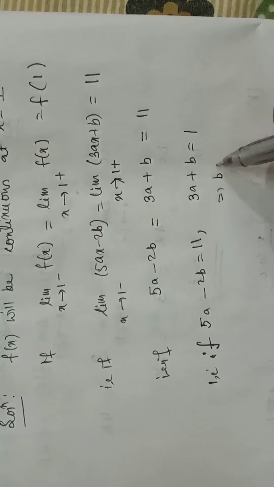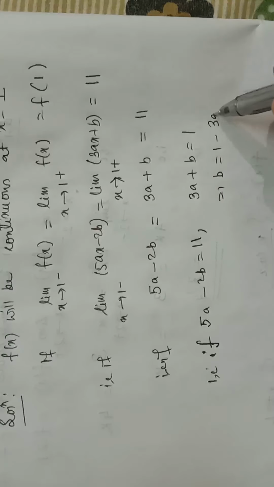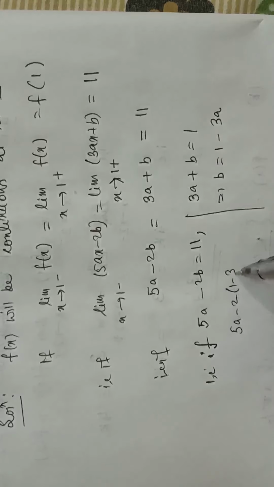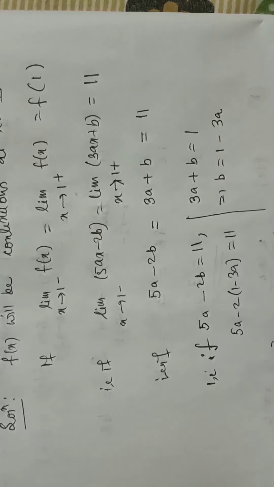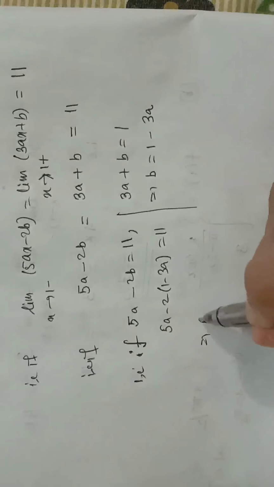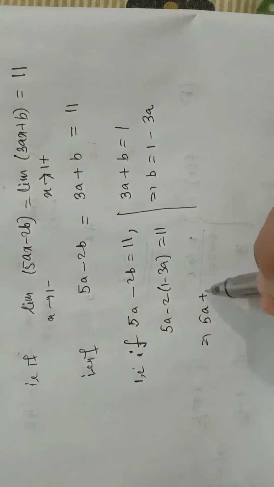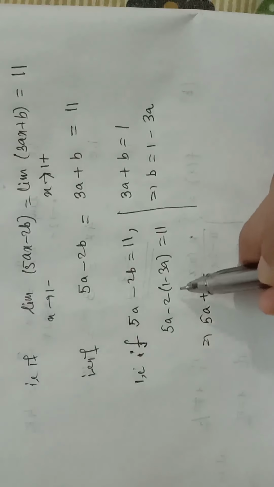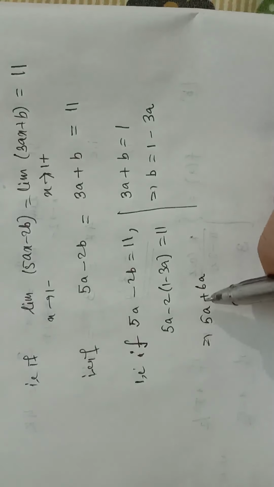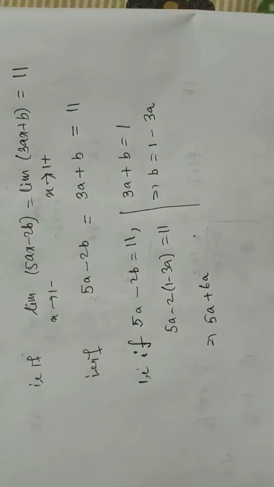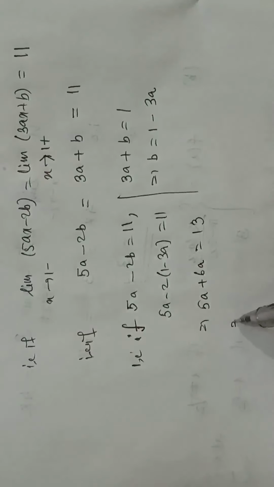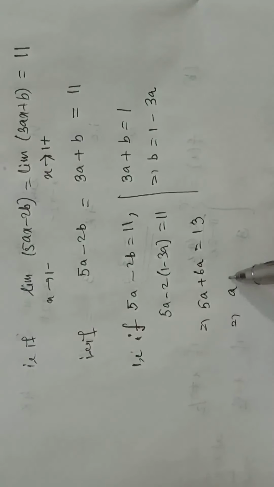From this relation, b equal to 1 minus 3a, putting this in the other relation, we get 5a plus 6a equal to 13. So a equal to 13 by 11.